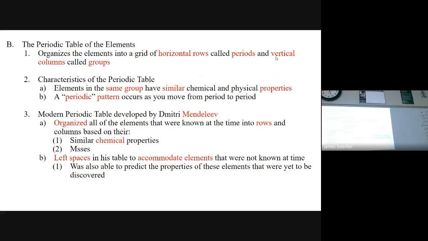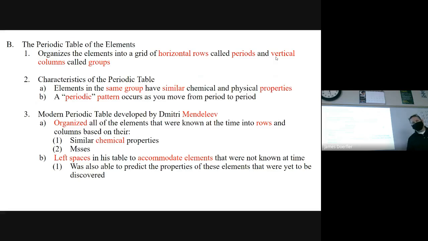Now, what he did was he decided to organize the elements that were known at the time into rows and columns based on their similar chemical properties as well as their masses. And in terms of time period, it wasn't that long ago. I believe it was in the mid-1800s when this was all done.